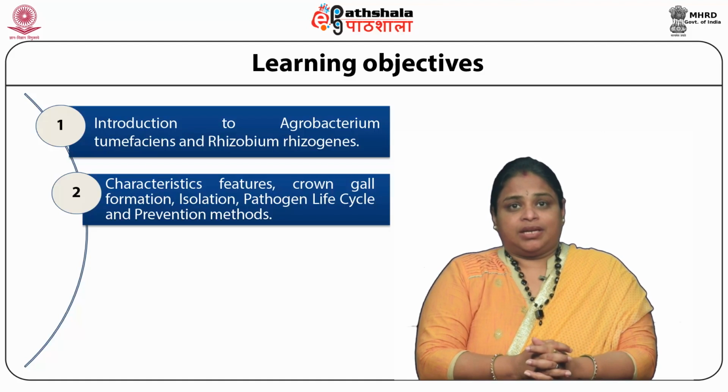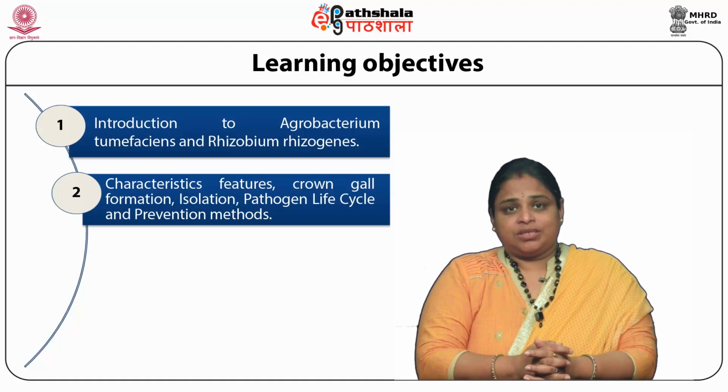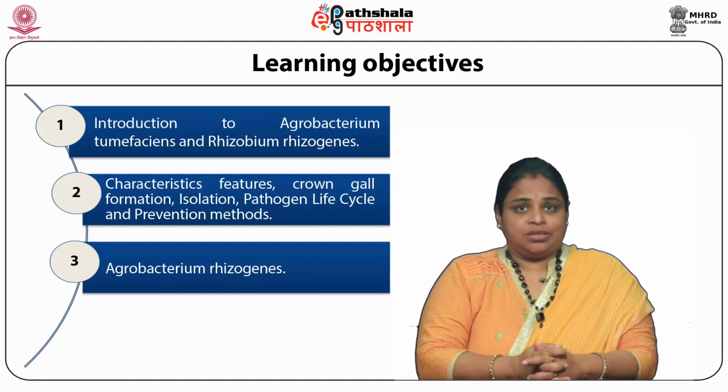We will study the characterization features, formation of crown gall, isolation, pathogen life cycle and preventive methods in both Agrobacterium tumefaciens and Agrobacterium rhizogenes species. For the next species of Agrobacterium, Agrobacterium rhizogenes, we will focus on the characteristic features, that means in what way Agrobacterium rhizogenes differs from Agrobacterium tumefaciens.